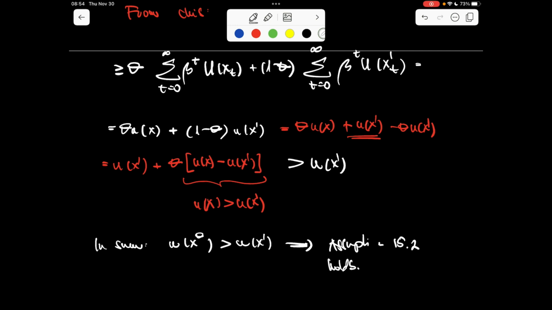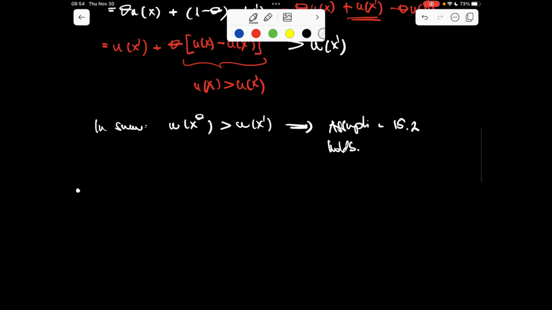Okay, next step, assumption 15.3. We have this utility function, and it is supposed to be continuous.